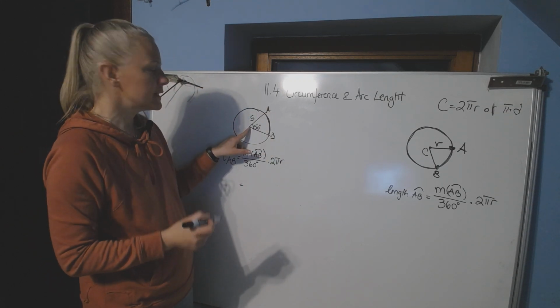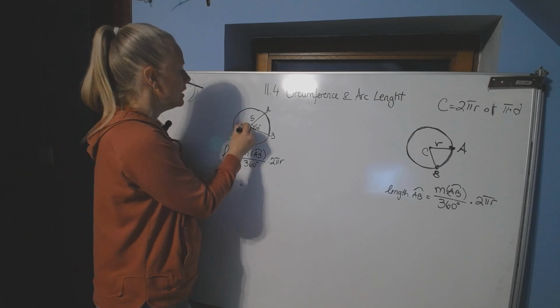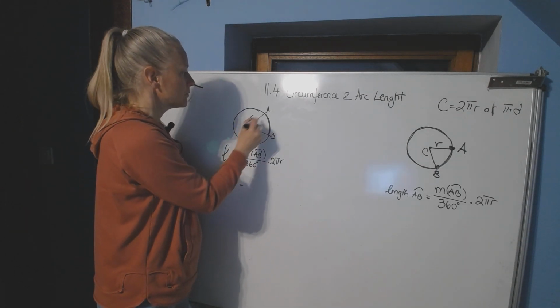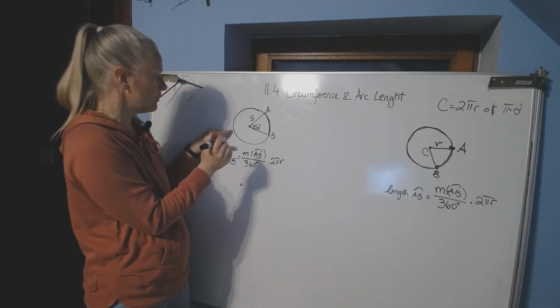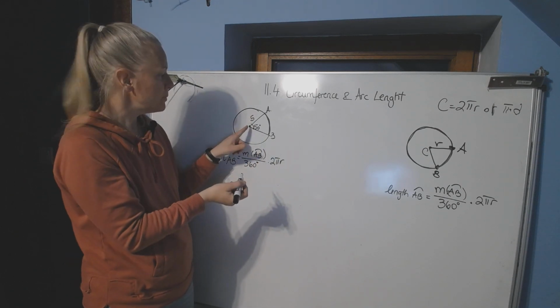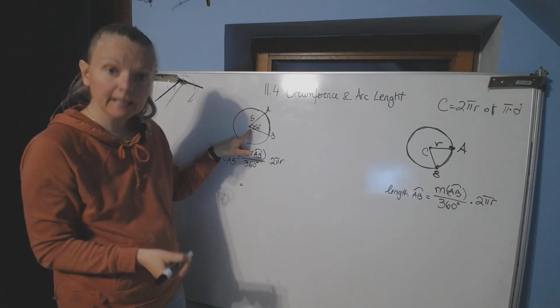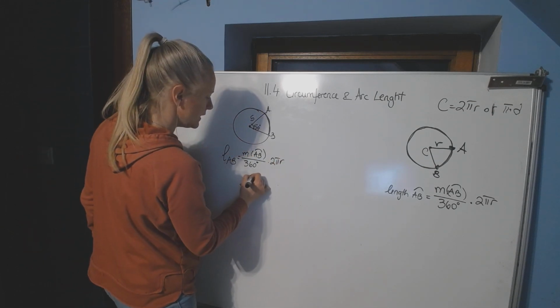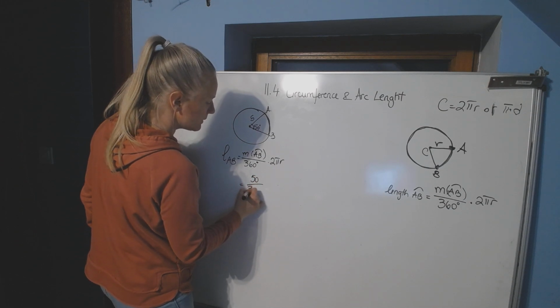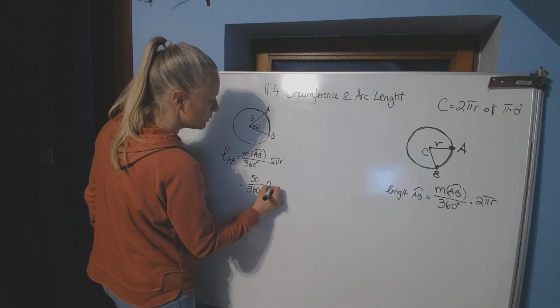Because this is an inscribed arc, it's going to be the exact same measurement as its angle. If it had been over here, we would have had to divide it by 2. But because it starts at the center, it's exactly the same measurement as the angle. So this becomes 50 divided by 360 times 2 pi.